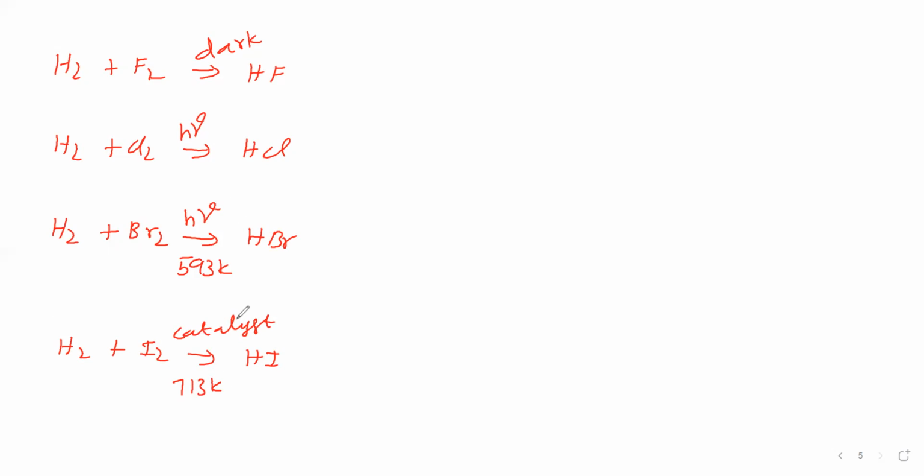Temperature is 713 Kelvin. So hydrogen reacts with iodine in the presence of a catalyst at 713 Kelvin. So down the group the rate of reaction decreases. Down the group reactivity decreases. That's what we can say.